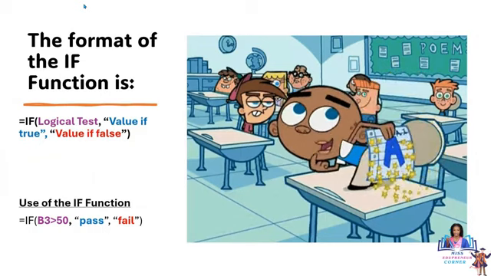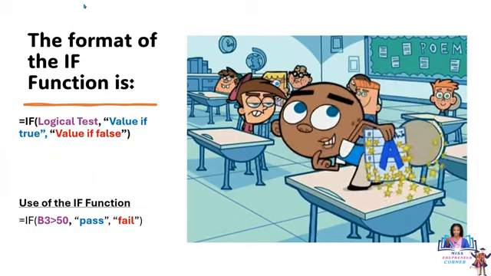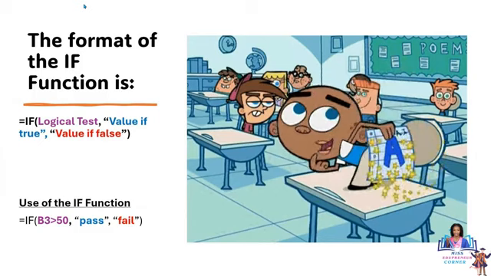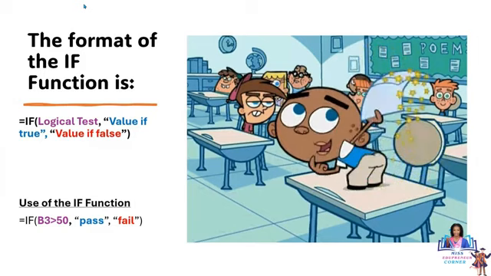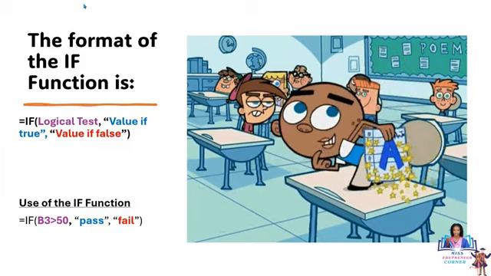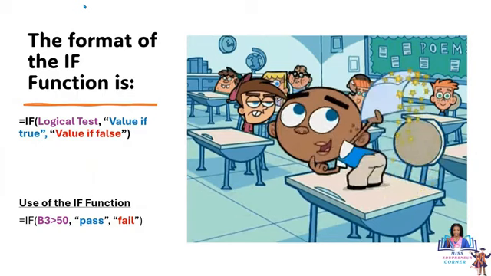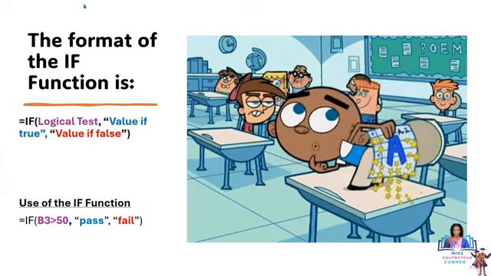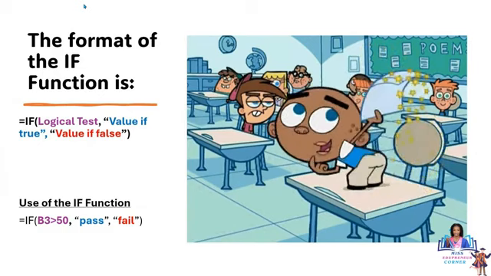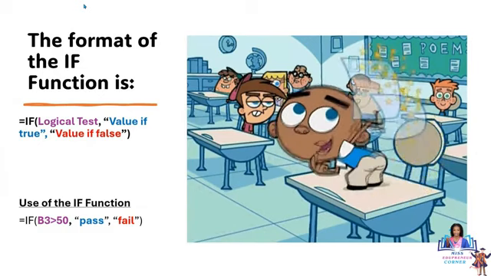So equal IF, open bracket, B3 greater than 50, so that's a logical test. Pass would therefore be value if true. So if the person's score in B3 is greater than 50, then we would want to see the word pass appear. But if the person's score is less than 50, then we would want the word fail to appear.